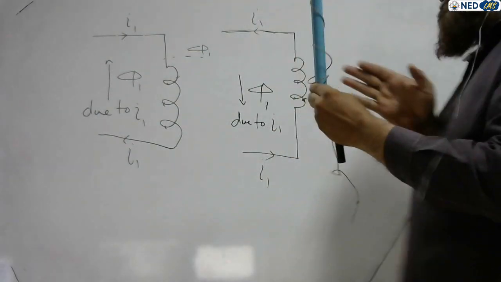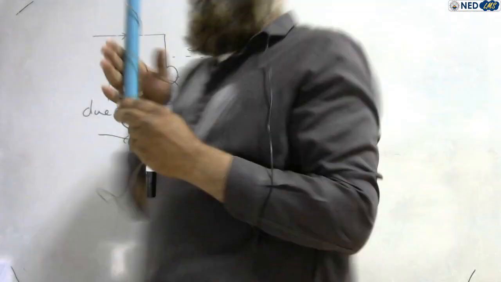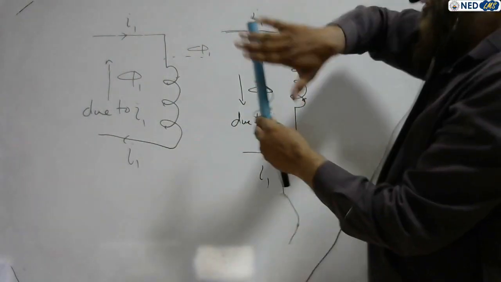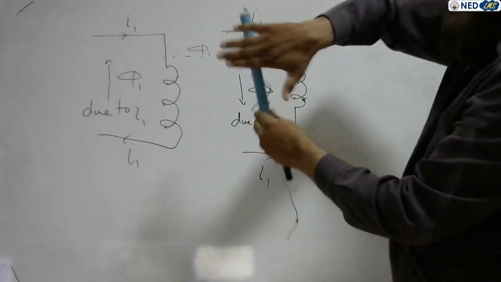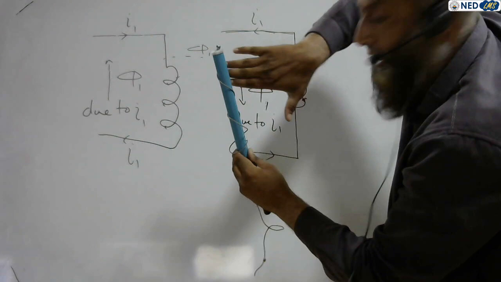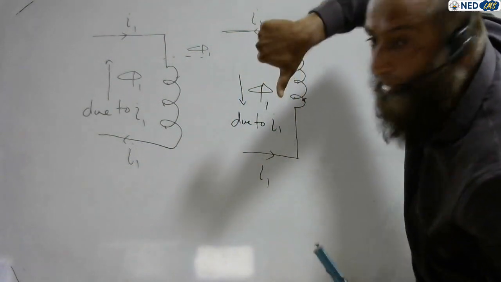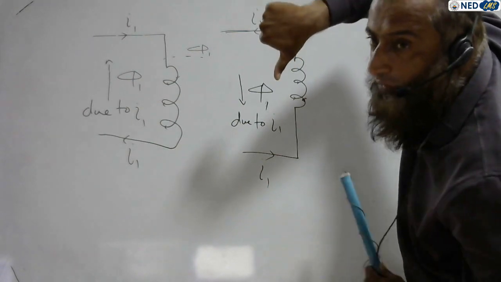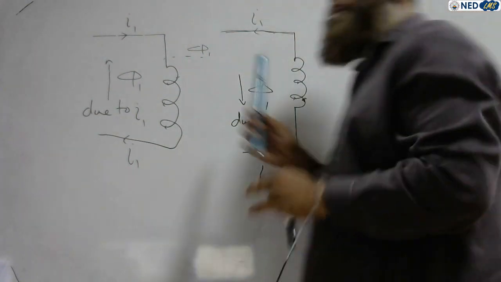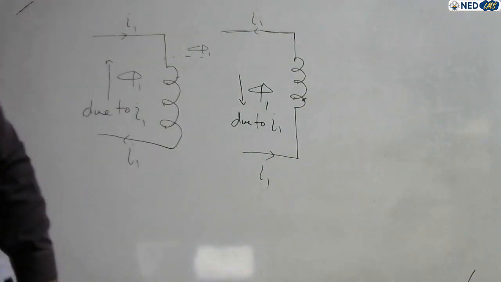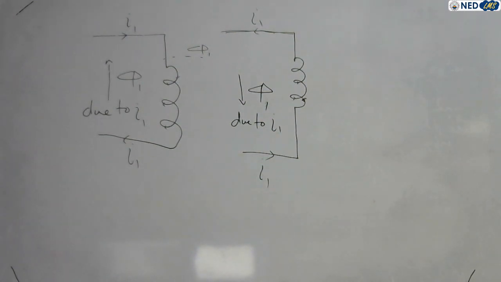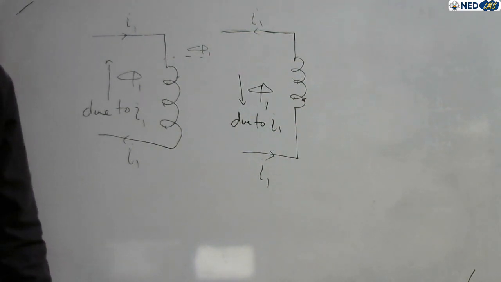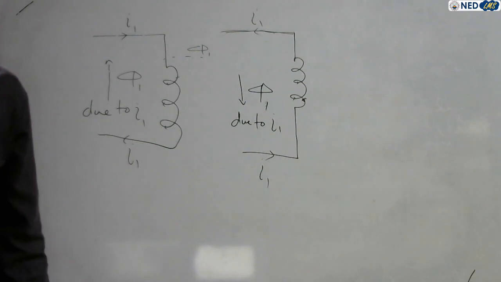So again, you use your right hand and curl the fingers in the direction of current flow. Your thumb will point out the direction of magnetic flux lines. In this case, the magnetic flux lines are downward. So we conclude that when we change the current direction, the magnetic flux lines also change their direction.